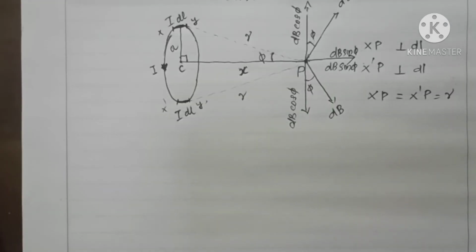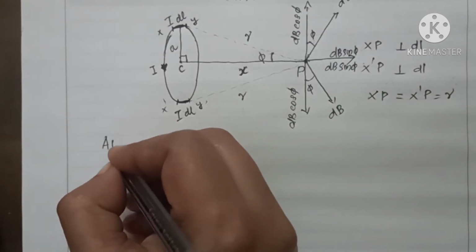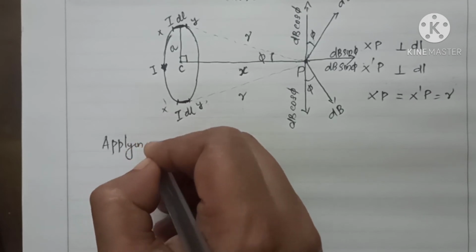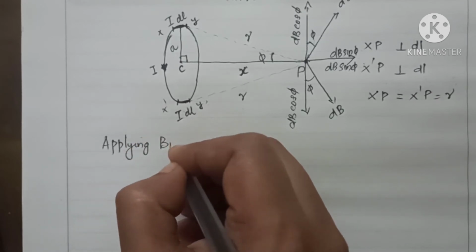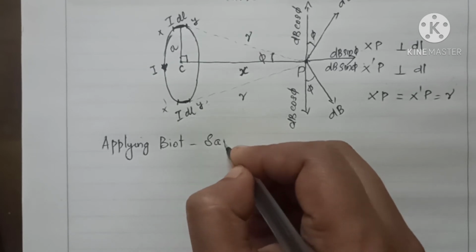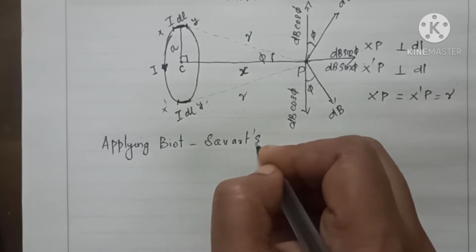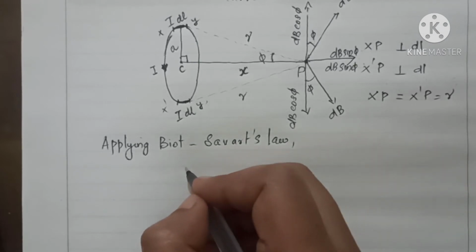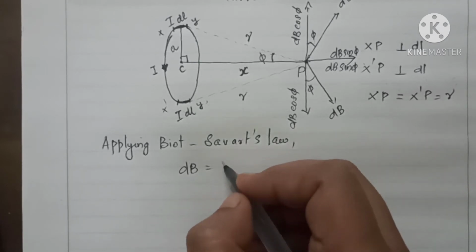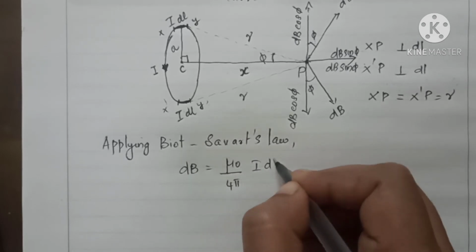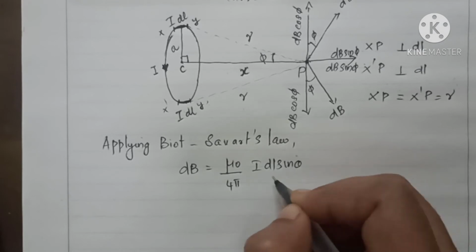Now we will apply Biot-Savart's law. dB is equal to mu 0 by 4 pi I dl sin theta by r square.